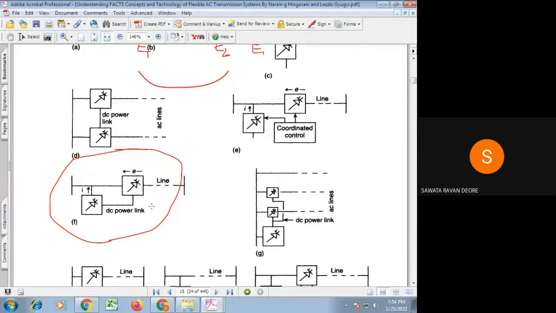Using that UPFC, it is possible to control the flow of power, as well as the bus voltage, as well as the damping of power oscillations, and so on. So this is the relative importance of these different types of FACTS controllers.